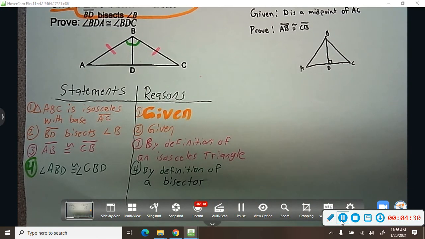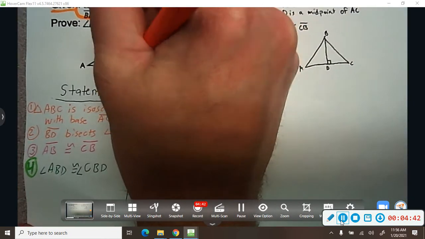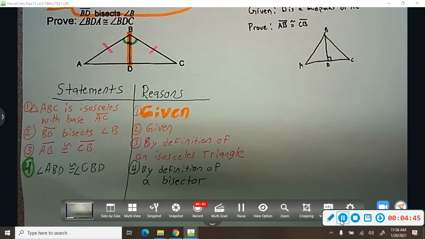Alright, so to use my congruence theorems, I need to have 3 pieces of information. And this one, you're going to see again, I promise you. And what this one is that BD is congruent to BD. How do I know that? Well, they share the same side.